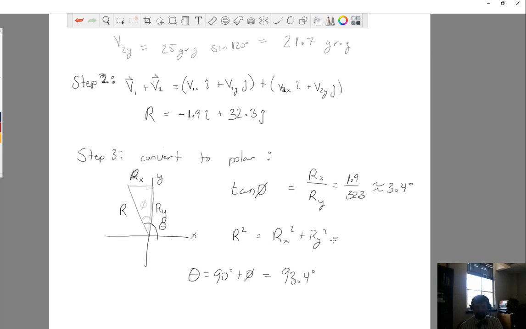Okay, and then this one right here, this is 1.9 squared plus 32.3 squared. Again, the sign here isn't going to matter because you're squaring, so everything is positive anyway. 1.9 squared plus 32.3 squared gives me 1046.